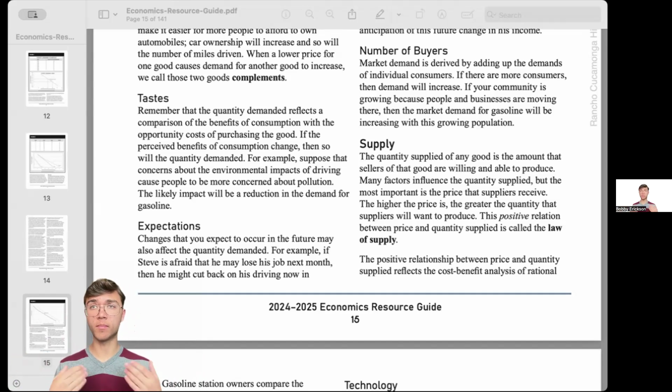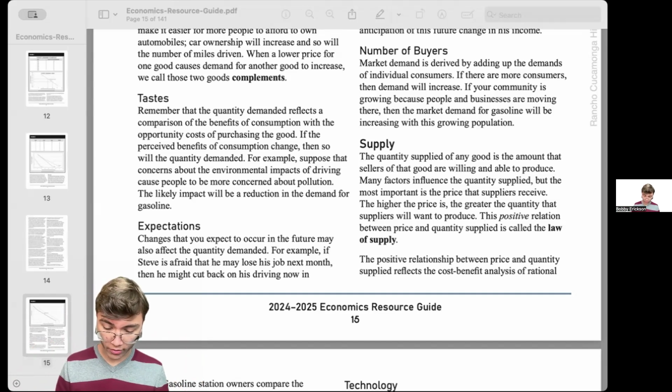Because then you're getting more money when you have more of the units that you are producing. Whereas if you have a lower price, then the producers are not going to want to produce as much. So this is called the law of supply.